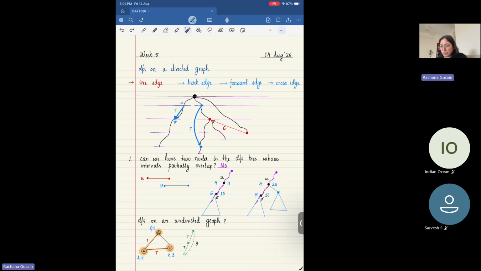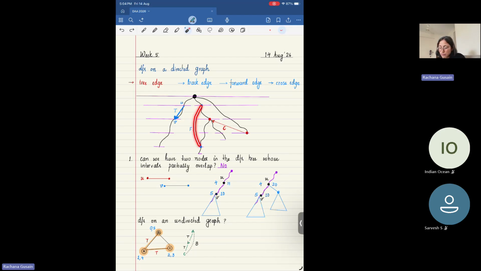For instance, let's say I have a tree edge from U to V. In that case, I know that the finishing time of V is smaller than the finishing time of U. That means the tree edge does not lead to a node which has a larger finish time. It will lead to a node which has a smaller finish time.